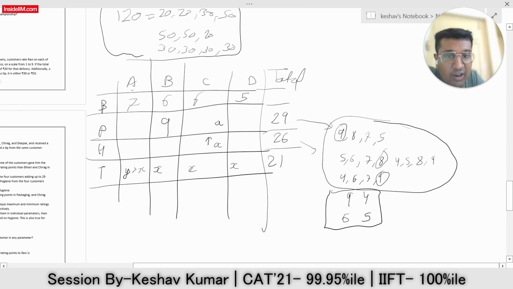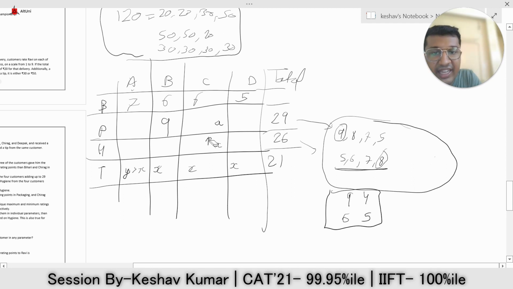So the only option in which 8 is the highest one is 5, 6, 7, 8. Others can be easily eliminated. Alright, so A is equal to 8.